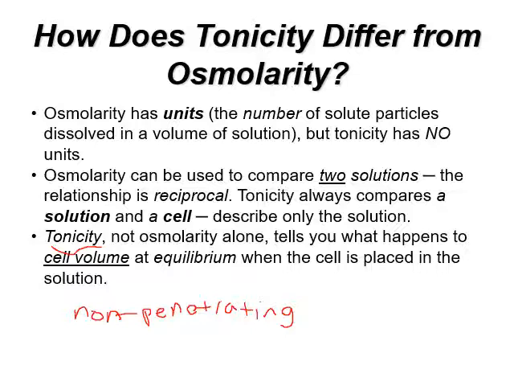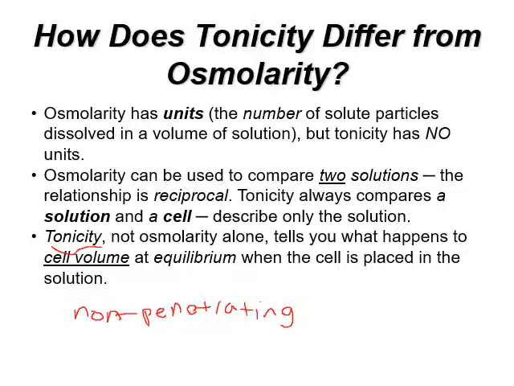The water is going to move to a solution that has a higher amount of non-penetrating solutes. And that's going to tell you the tonicity, because if water's moving in, it's a hypotonic solution. If water's moving out of the cell, it's hypertonic. And if water's not moving in or out, no net flux of water, then it is an isotonic solution.